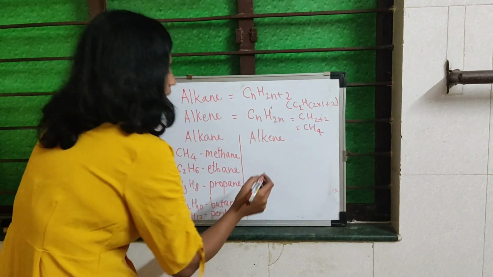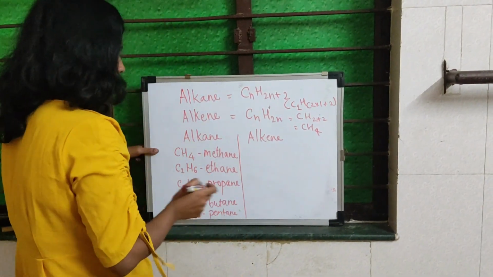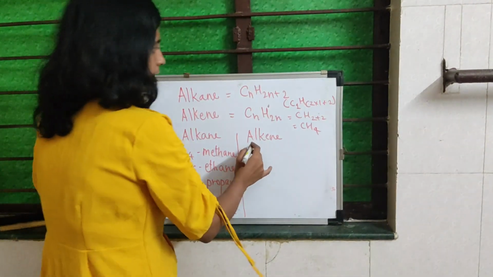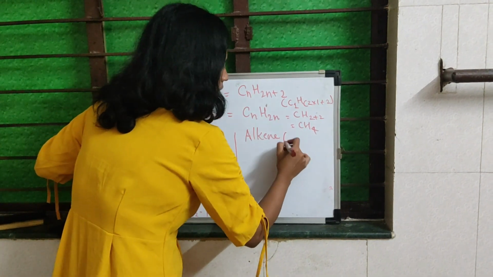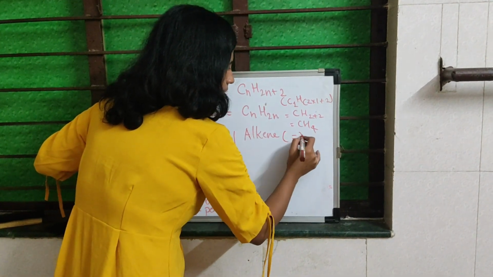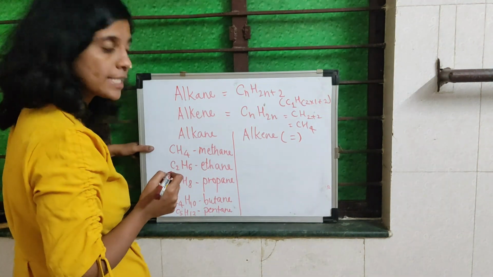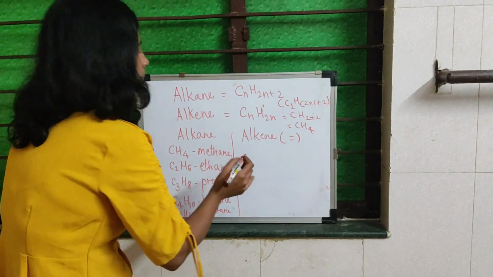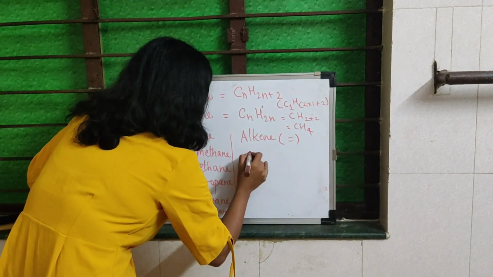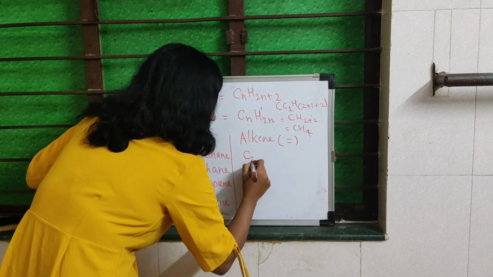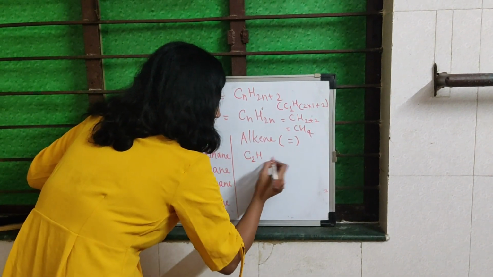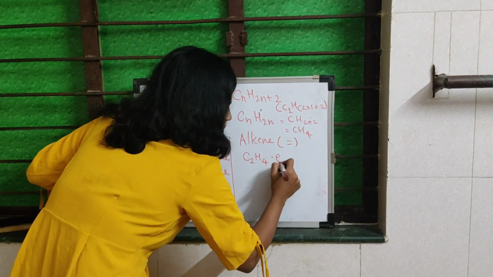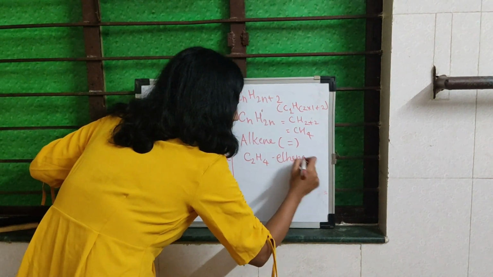Now what about alkene? Because alkenes usually have double bonds, I told you they are unsaturated hydrocarbons. So they will have C2H4, the first one, that is ethene.